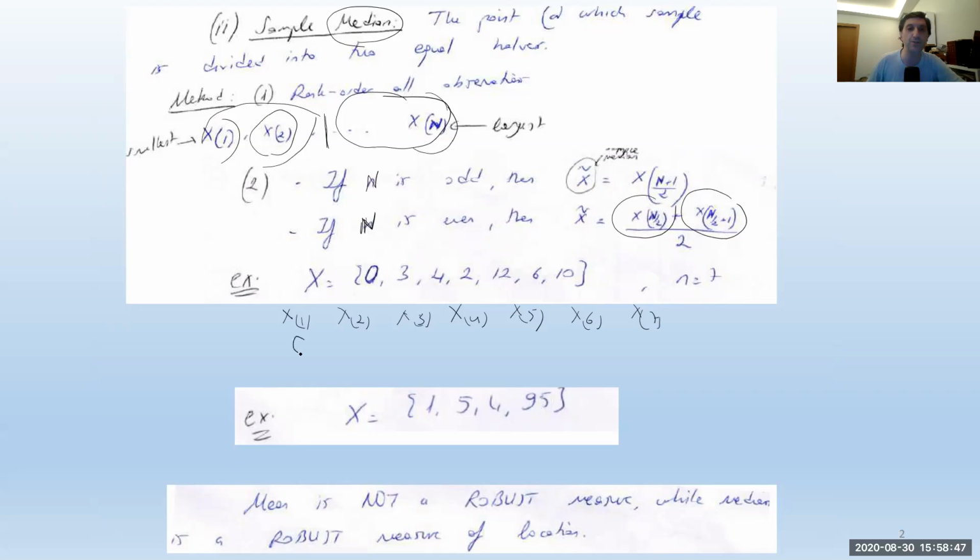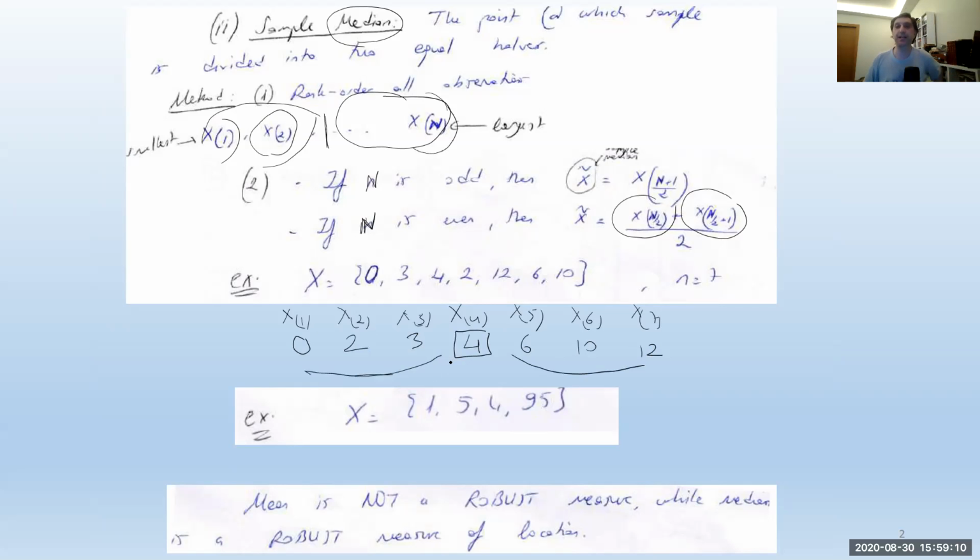The smallest value is 0, then the next value is 2, then 3, 4, 6, 10 and 12. Without using any formulation, you can easily see that 4 is the median because it divides the data into 2 halves, right?